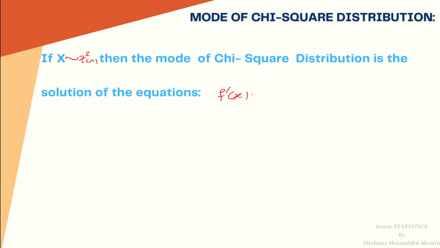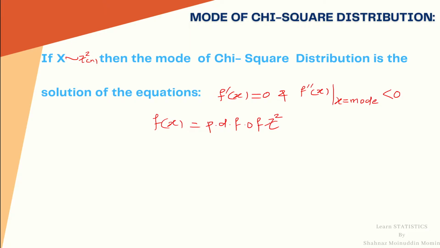f dash x equal to 0 and f double dash x at x equal to mode is less than 0, where f(x) is the PDF of chi-square.